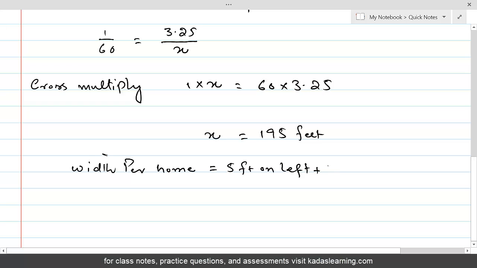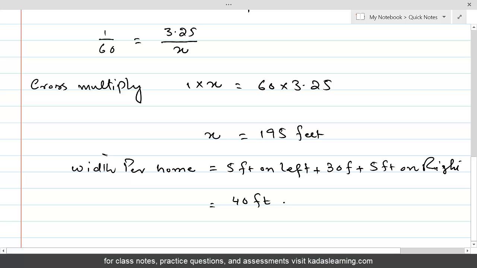That is 30 feet. 30 feet plus 5 feet has to be made available on right side, 5 feet on right. And this way the total width one home will occupy will become 40 feet.